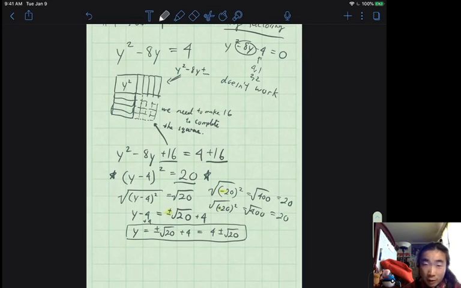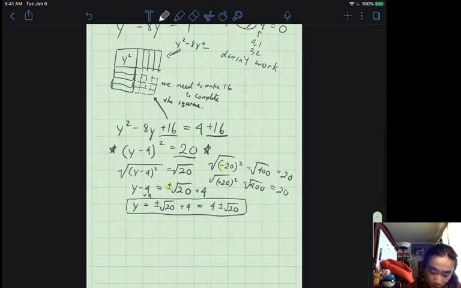The back of the book also simplifies this more. We didn't talk about this much, but square root of 20, you can break that down into square root of 4 times the square root of 5. You know what the square root of 4 is. That's 2. So when you separate them out and put them back together, that's where they get 2 root 5 from.